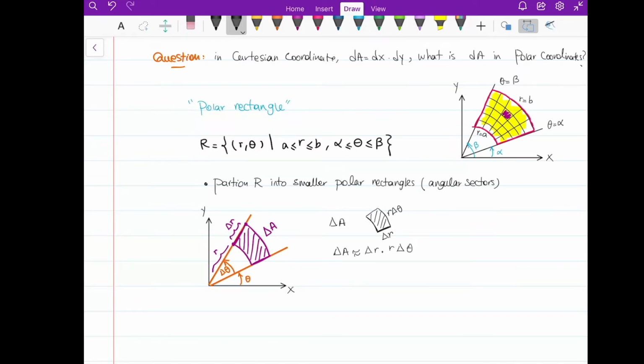It would be the area of this smaller polar rectangle.